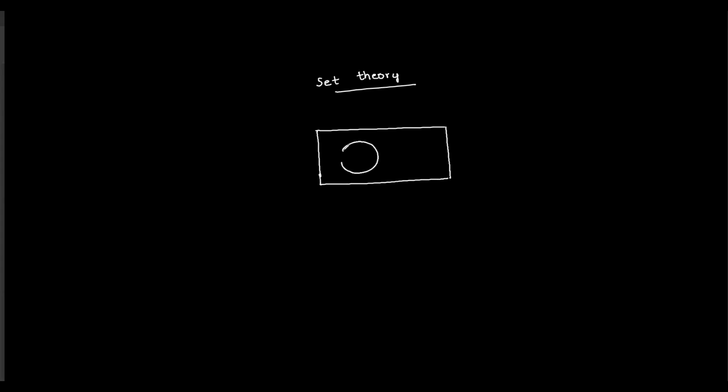In set theory, we have learned that if we have two sets, let's name those sets A and B, intersection is the common part of these two sets.